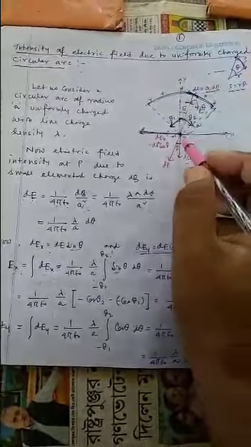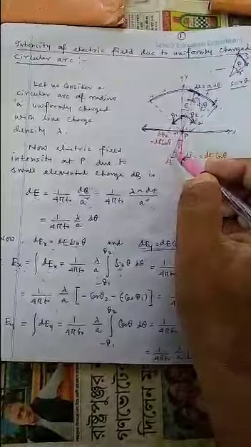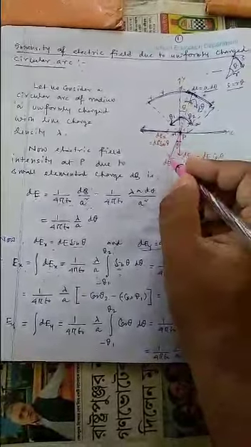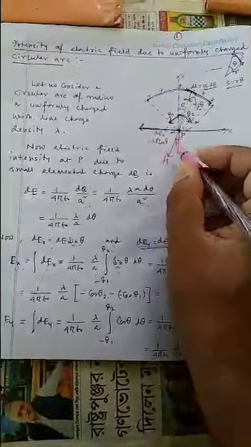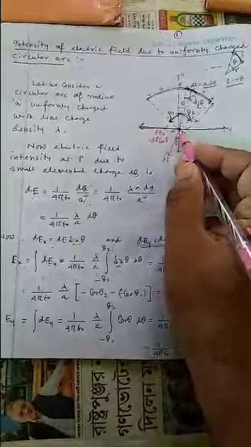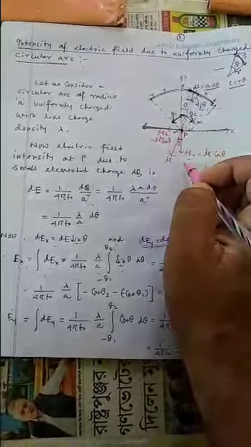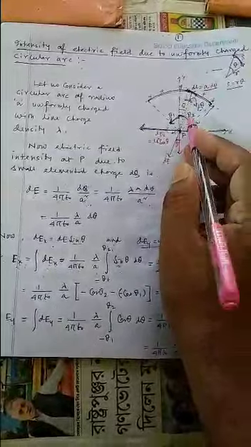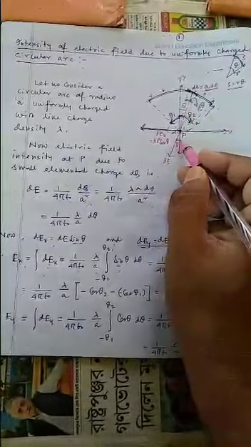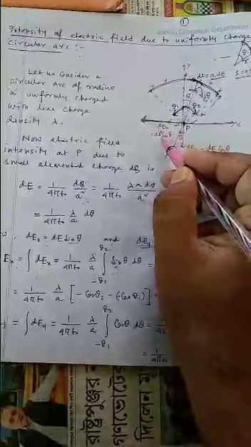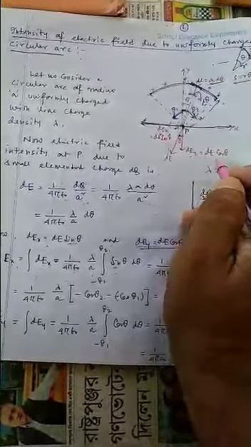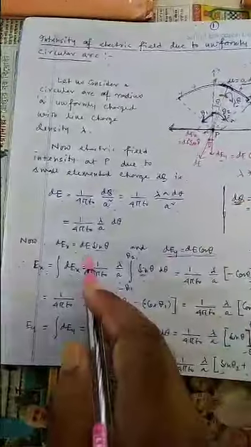Now I resolve this dE vector into two perpendicular components. This is dEx, this is dEy. As this one is theta, so this is also theta. So this becomes dE sin theta, and this becomes dE cos theta.